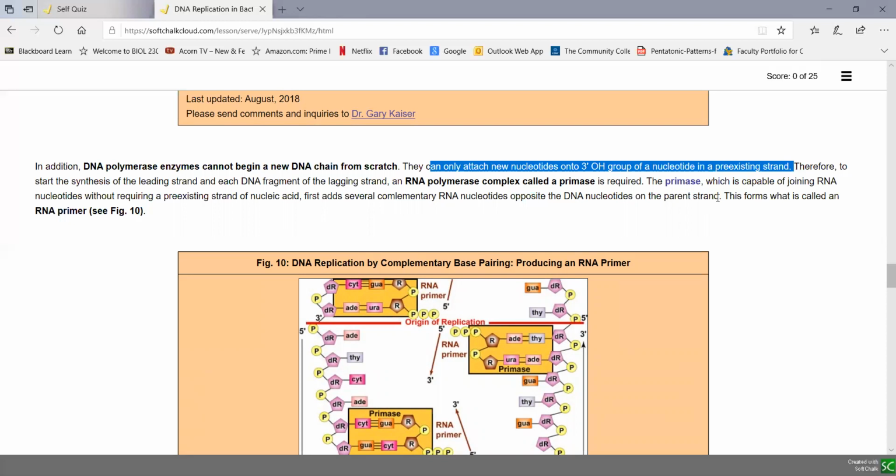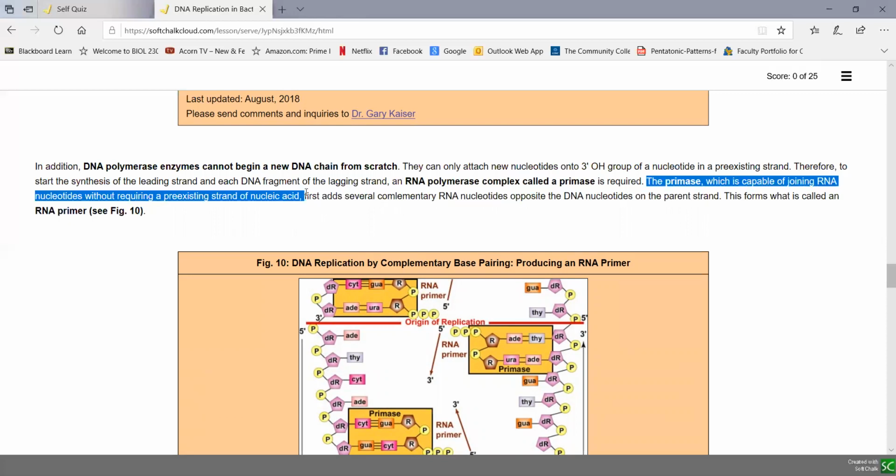So what has to happen here in both the leading strand and each of the DNA fragments of the lagging strand is that an RNA polymerase, an enzyme that makes RNA, called primase, is required. Now, primase can join RNA nucleotides together without requiring a pre-existing nucleotide in the DNA strand like DNA polymerase requires.